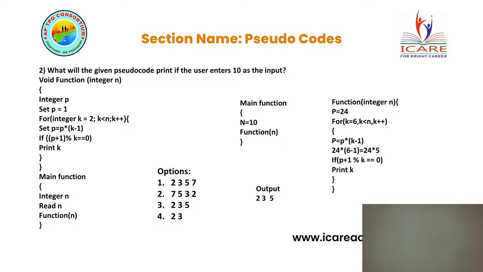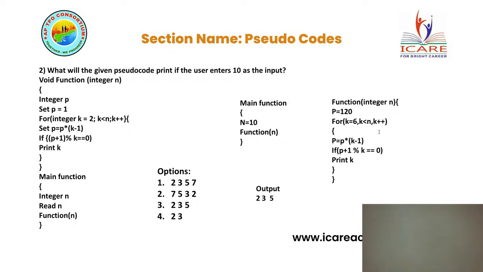It is 120. So 120 is stored in p. Then p plus 1, 120 plus 1, is 121. 121 modulo 6, the remainder would not be 0, because 121 is not divisible by 6. So the if condition is false.